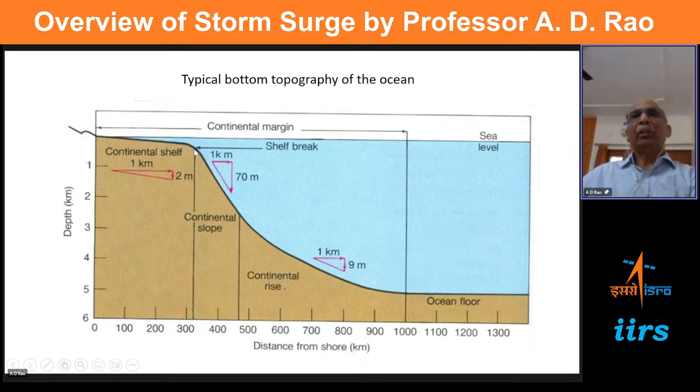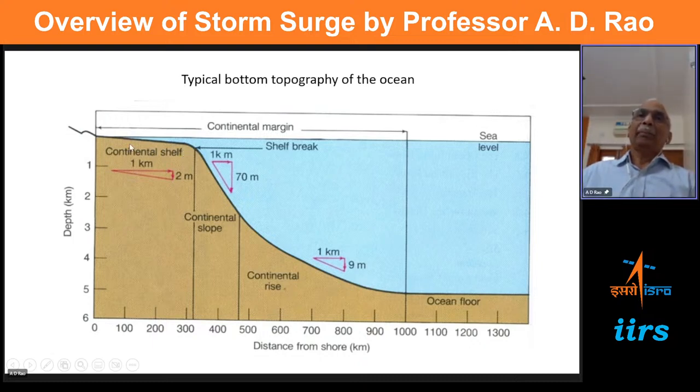Okay, that is called continental shelf. Because this width of the continental shelf is very, very important for the storm surge amplification. That means the surge height increases when the cyclone comes onto the continental shelf, depending on the width of the continental shelf.